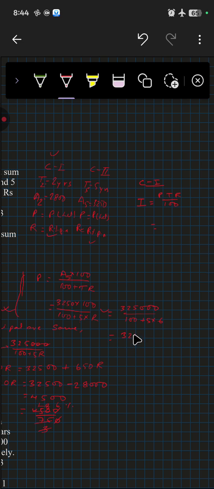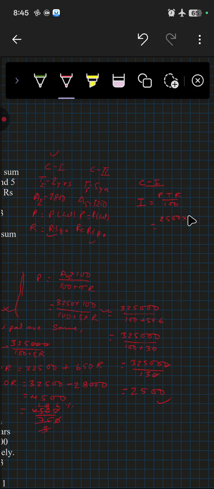So 325000 divided by 100 plus 30, that is 130. 325000 divided by 130. As a result you will get, see, 13 2s are 26, 13 5s are 65, 0 0. So the principal also we have got, that is 2500 into time.